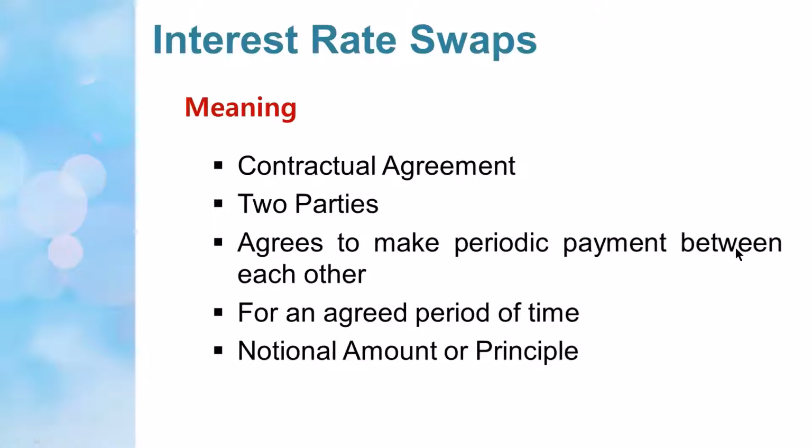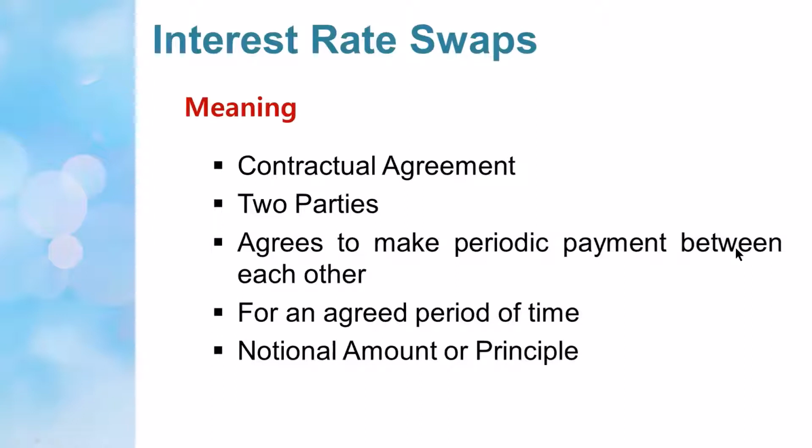So in short, an interest rate swap is a contractual agreement between two parties under which each party agrees to make periodic payments to the other for an agreed period of time based upon a principal or notional amount. That's all about it. It's very simple.